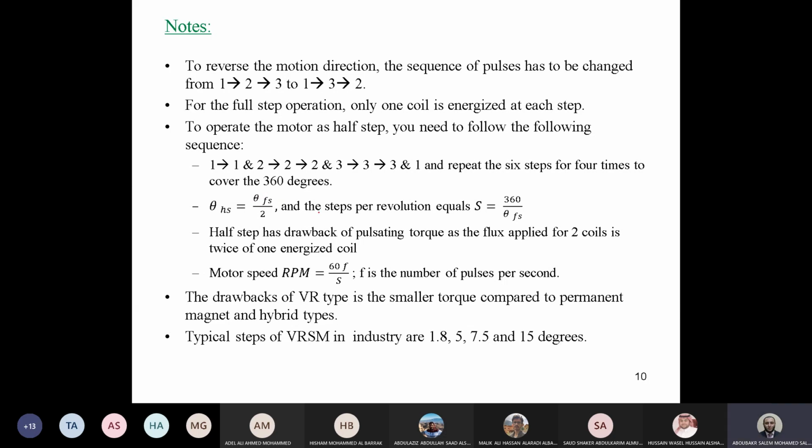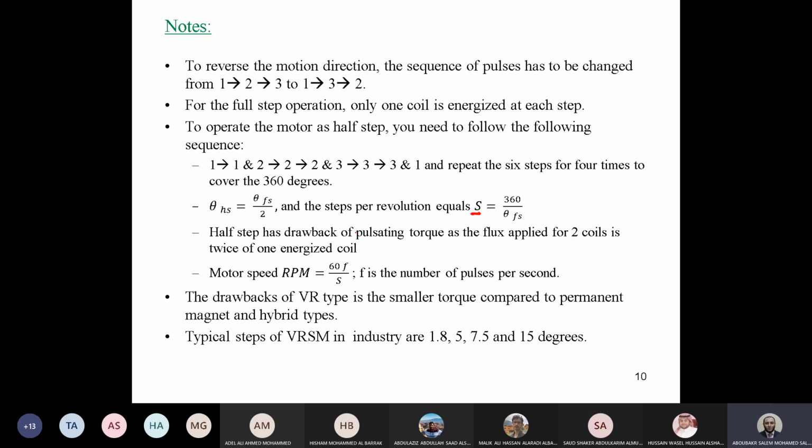And in this case, the steps per revolution will be S. So S is the steps per revolution, and it always equals 360 over theta. So if you have theta equals 30 degrees, you have 12 steps. If you have theta equals 15 degrees, the number of steps will be 24 steps in this case.